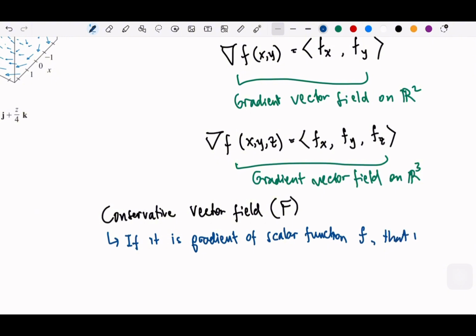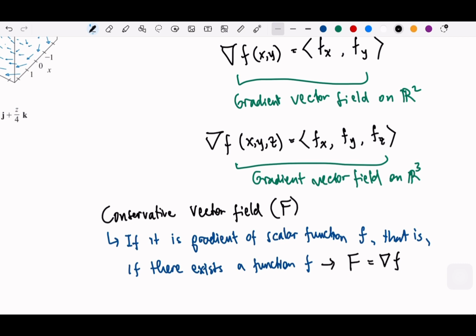that is, if there exists a function, the function f, such that this is equal.